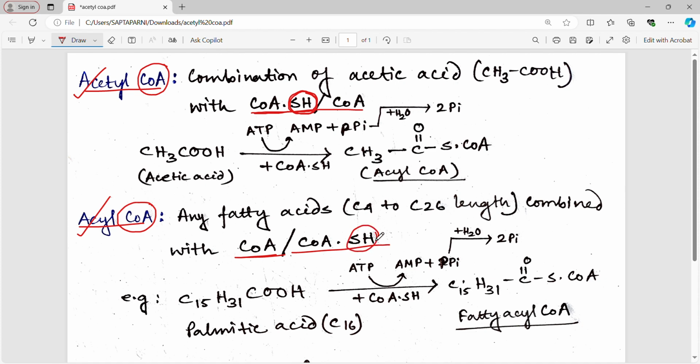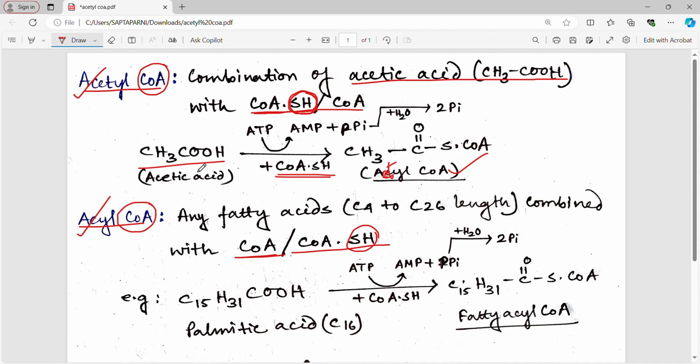When this CoA or coenzyme A reacts with acetic acid, that is CH3COOH, then whatever is formed is known as acetyl CoA. What is acetyl CoA? The reaction between acetic acid and coenzyme A forms acetyl CoA.